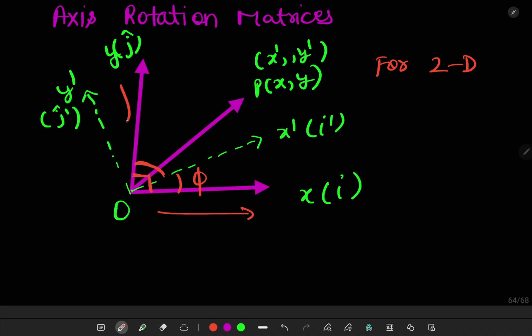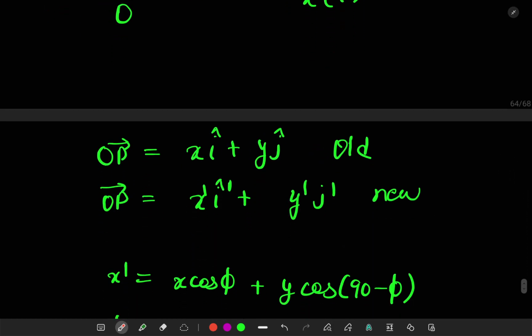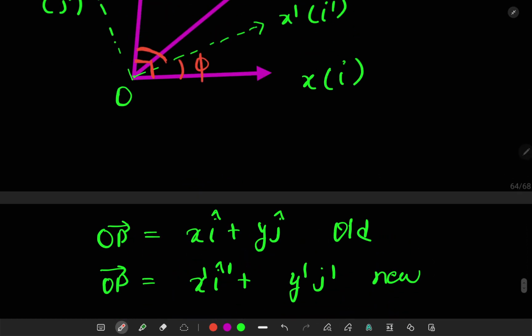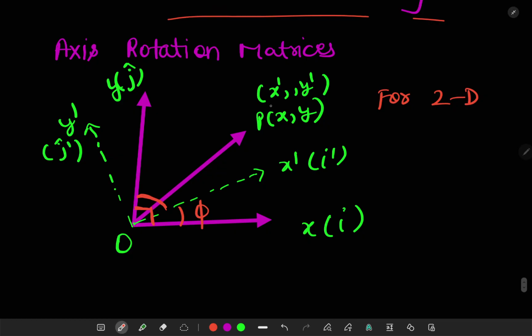This is the x-axis and this is the y-axis. If we rotate these axes by some angle phi, then P becomes the new coordinate x dash, y dash, and the axes shift through an angle phi, and the new axes become x dash, i dash and y dash, j dash.